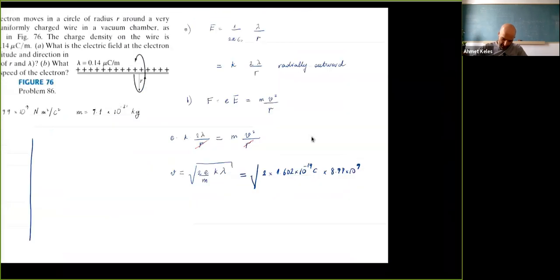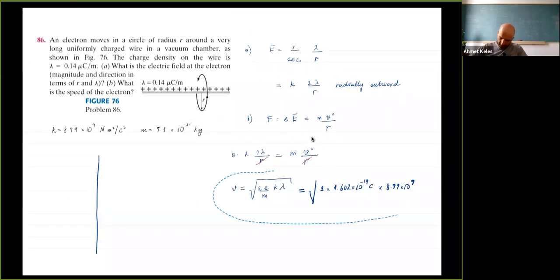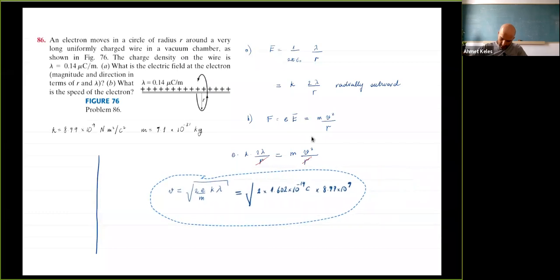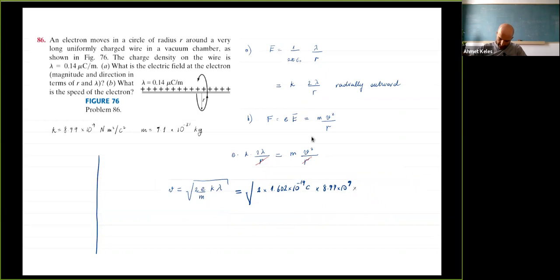Maybe I can pull this a little bit. I'm running out of space. Times 0.14 times 10 to the minus 6. So I got 2, I got E, I got K, and I got lambda. And I need to put the mass of electron, which is M equal to 9.1 times 10 to the minus 31 kilogram. And we can now close the root.